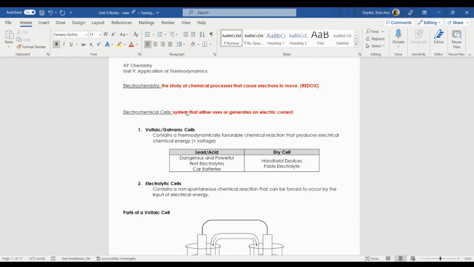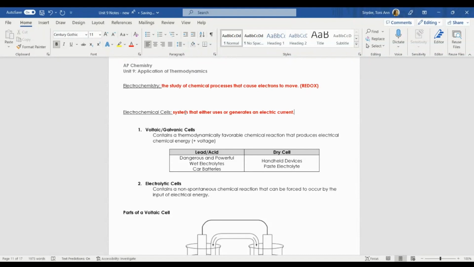So the first type is a voltaic or a galvanic cell. And a voltaic cell contains a thermodynamically favorable chemical reaction, okay? So this is going to really occur very readily. If we think back to what we talked about, if something is thermodynamically favorable, its delta G, its Gibbs free energy, will be negative.